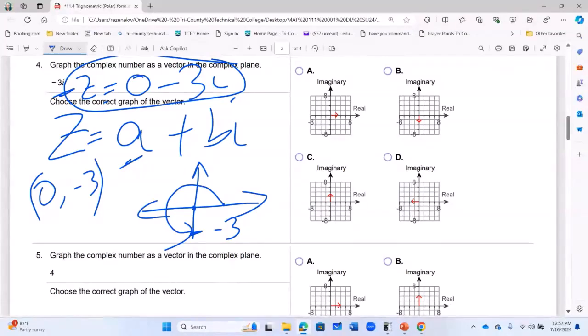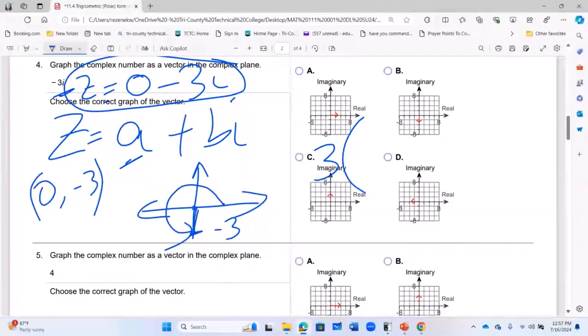Okay, so if you're told to write the complex number in polar form, then what you're going to do is go ahead and find, see, this is the distance, and the absolute value of this distance is 3. And so what you're going to do is 3 parentheses cosine, and cosine of 270.